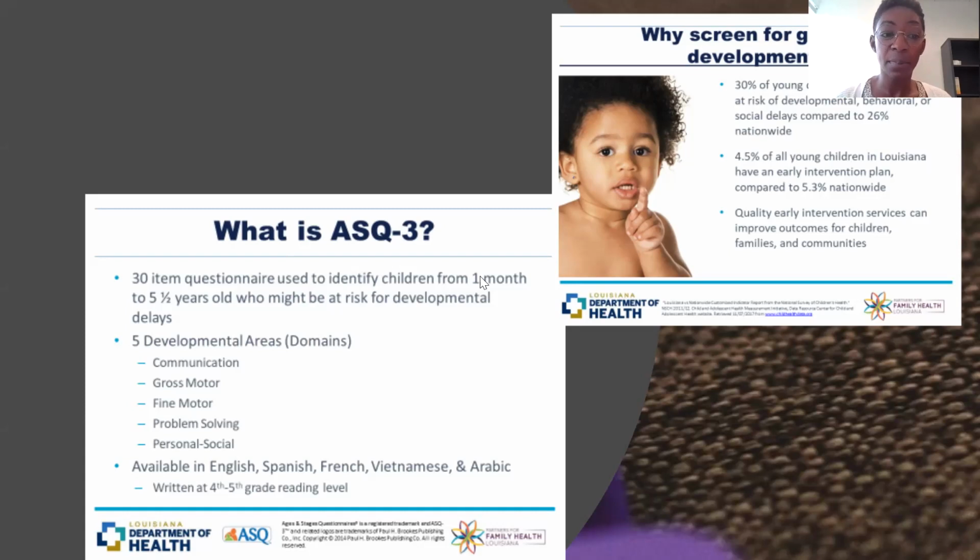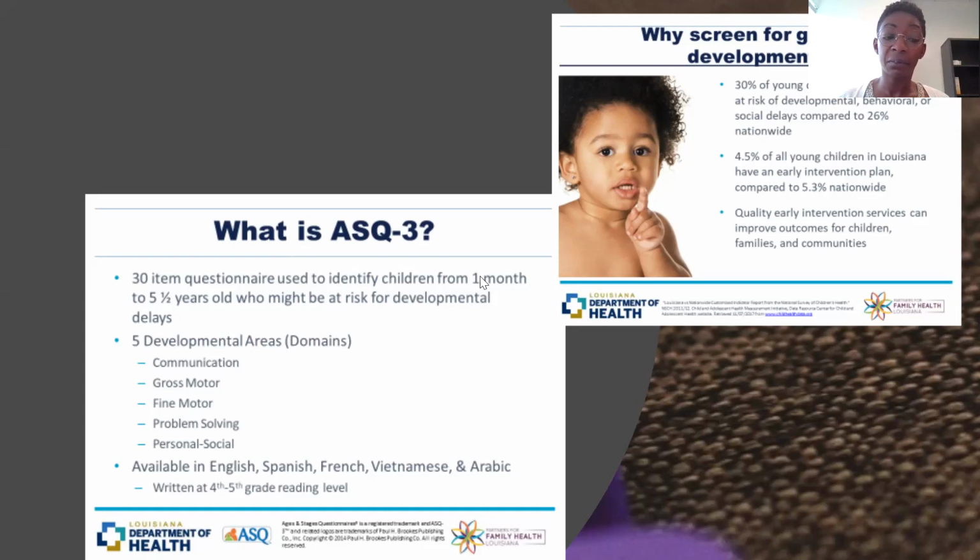We're just starting the initial process, and that diagnosis would come with a formal evaluation after risk is identified. The ASQ-3 screens for 5 developmental areas, which you will see mentioned as domains. The domains are communication, gross motor skills, fine motor skills, problem solving, and personal social relationship skills.